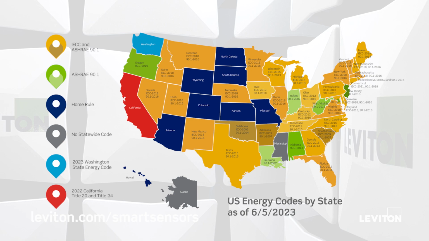Then you go all the way up to the upper left-hand corner, Washington, the blue state. Believe it or not, currently Washington State is the most stringent of all of the energy codes. Of course, California is along the coast there, with Title 24 being the code enforced throughout that state.